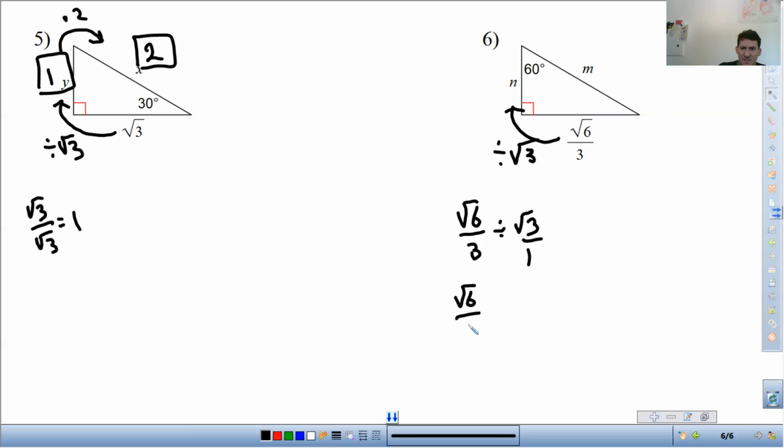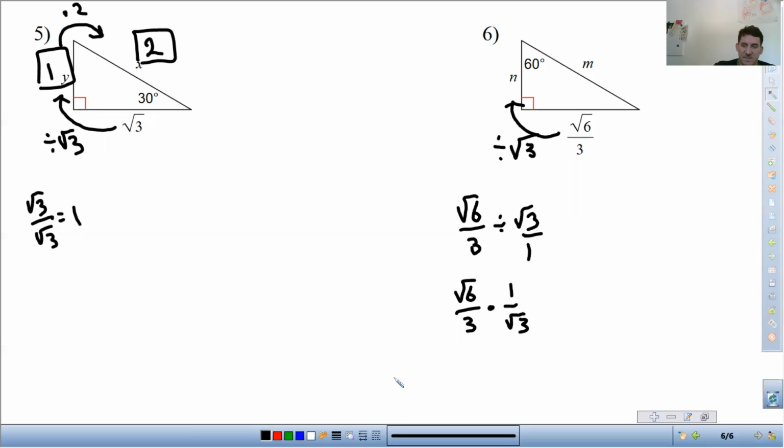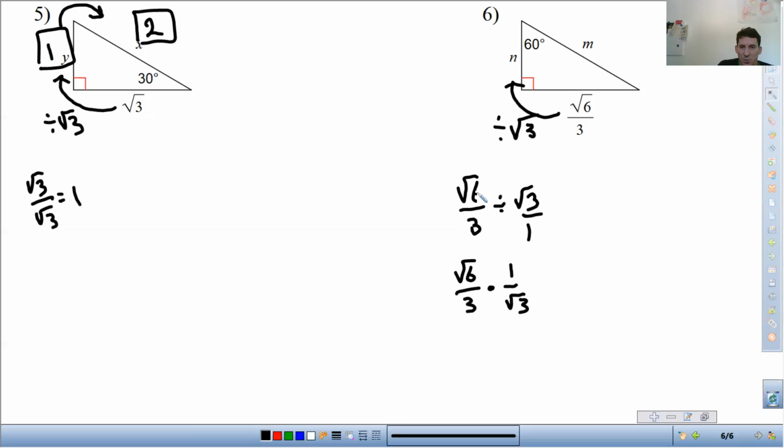Square root of 6 divided by square root of 3 is, you flip and multiply, so it'll be square root of 6 over 3 times 1 over root 3. Then from there, root 6 times 1 is just root 6. 3 times root 3 is just root 3.